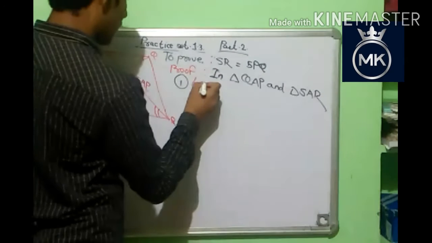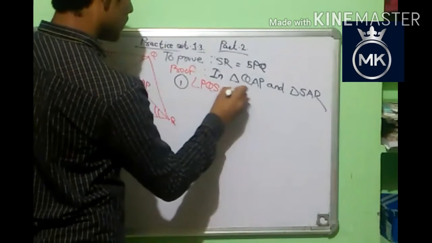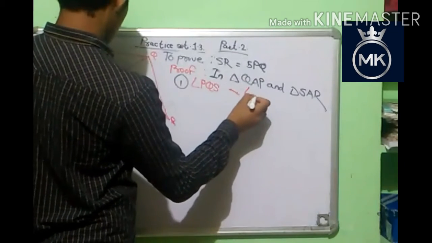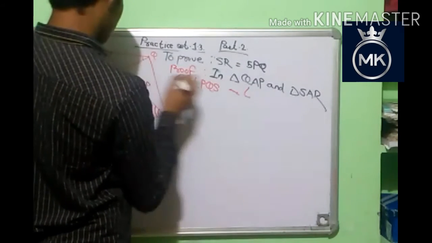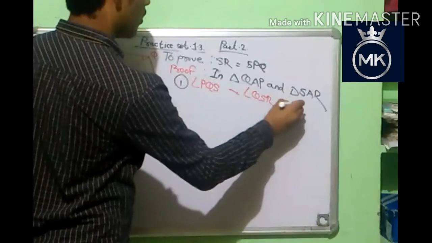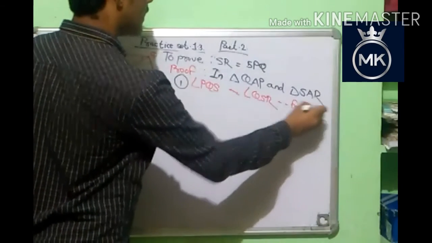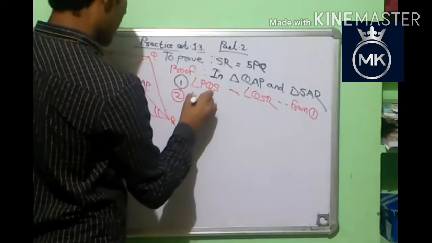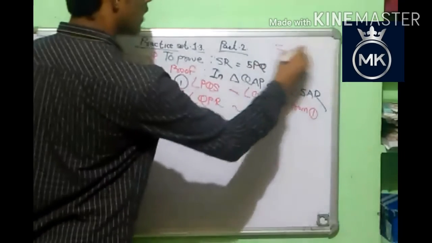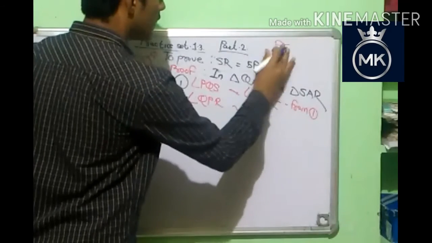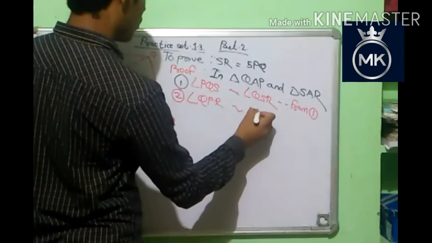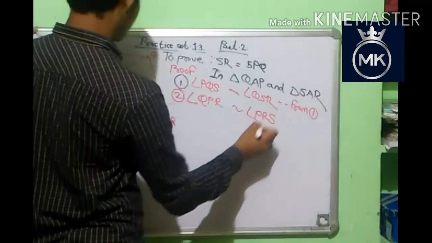Firstly, angle PQS is congruent to angle QSR. The reason is from the first alternate angle pair. And from the second, angle QPR is congruent to angle PRS.